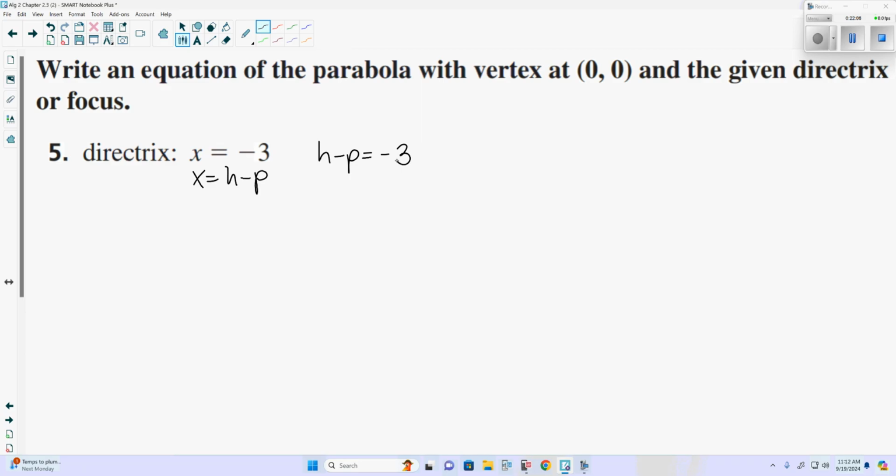So negative p equals negative 3. So then it just cancels each other out, and then it'd be positive p, positive 3. Yeah, because even though it didn't directly tell us, it did tell us that the vertex was 0, 0. It just told us in the instructions. A is equal to 1 over 4p.